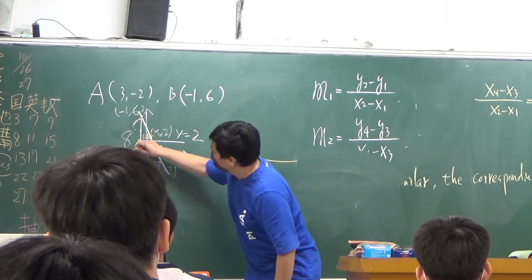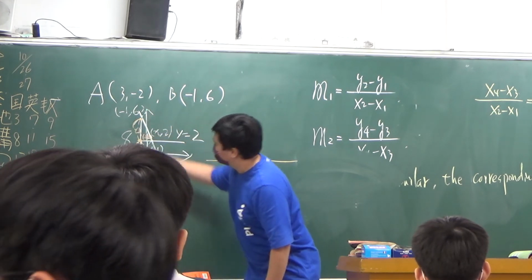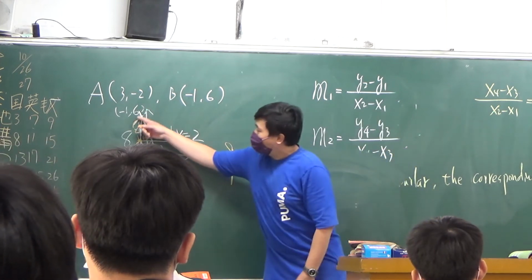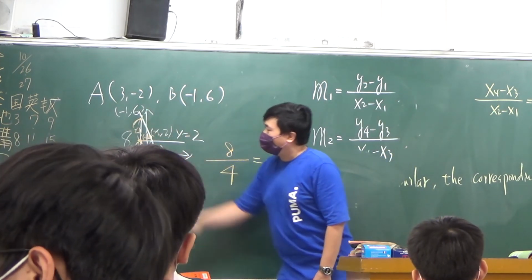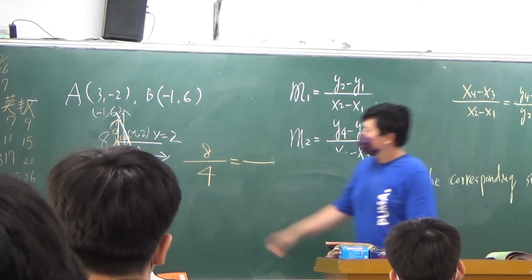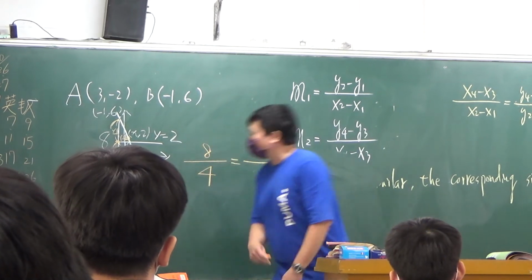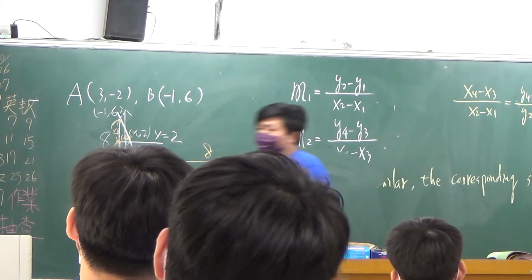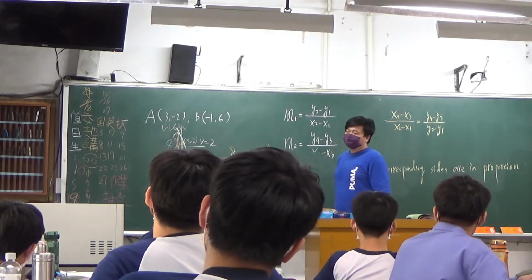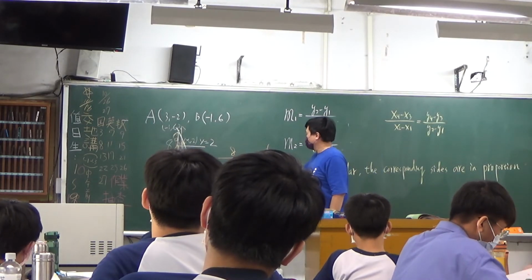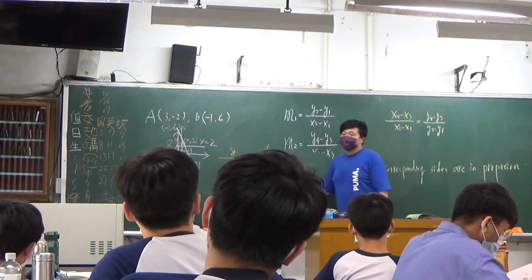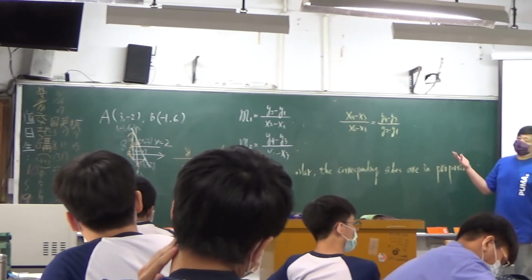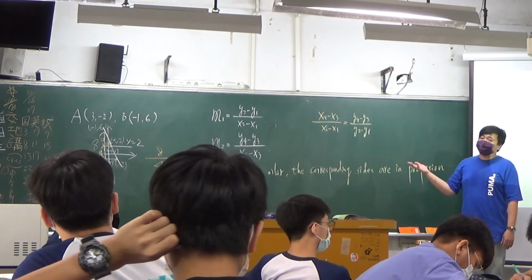Here is 4, so 8 over 4 is equal to this one, which is 4 over 2x plus 1, right? He used the similar triangles property to solve this question.